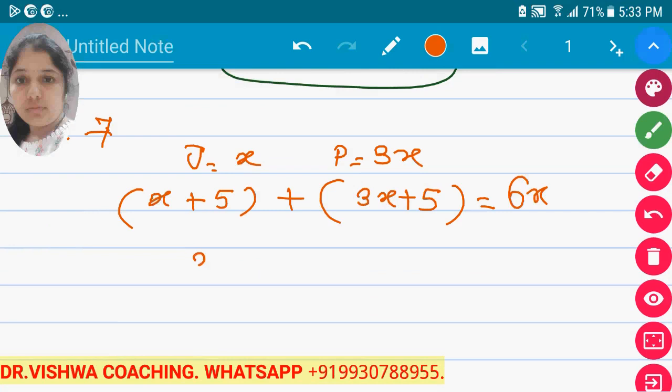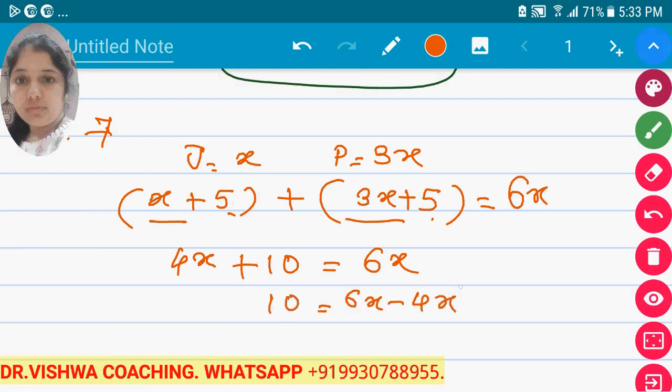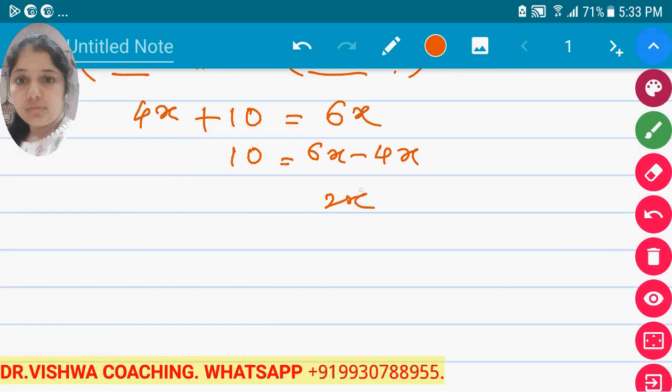Now remove the brackets. x plus 3x becomes 4x and 5 plus 5 becomes 10. So 4x plus 10 is equal to 6x. Now I will bring this variable to the right hand side. So 10 is equal to 6x minus 4x, which is 2x. 2x is equal to 10. Now this 2 will come to the right hand side.